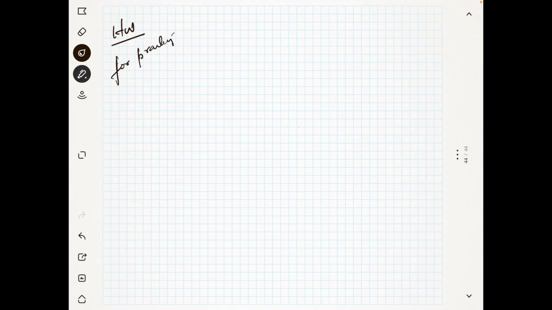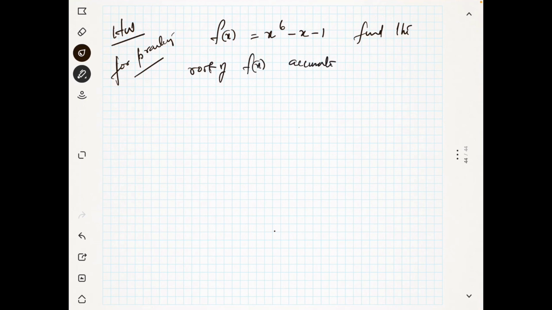So what is that? f of x is equal to x power 6 minus x minus 1. It is an algebraic equation. So find the root of f of x accurate within epsilon equal to 0.001. That is the error.